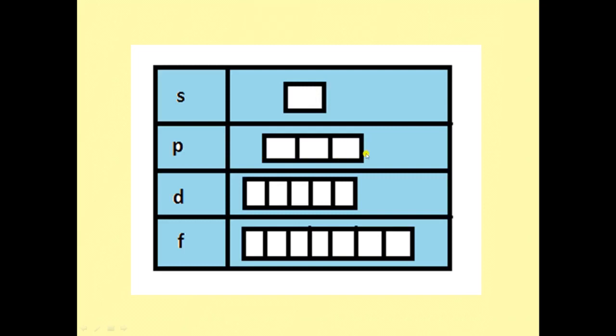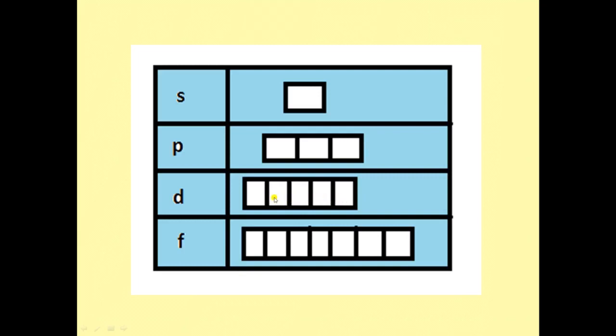In p orbitals, the first electron will come here, then the second electron here, then the third electron here. Only after that will pairing take place. So the fourth electron will come in this box, then the fifth electron in this box, and the sixth electron in this box. That means a total of 6 electrons come here. Now in d orbitals, the first electron will be filled here, then second, third, fourth and fifth.